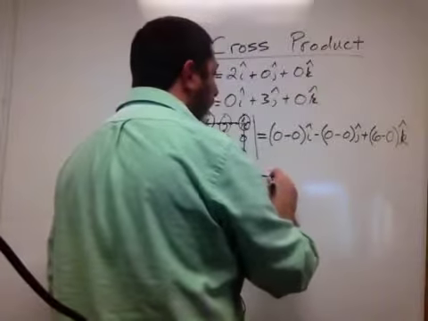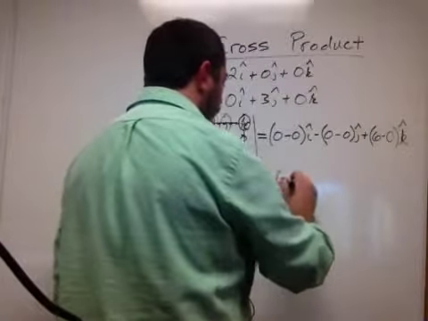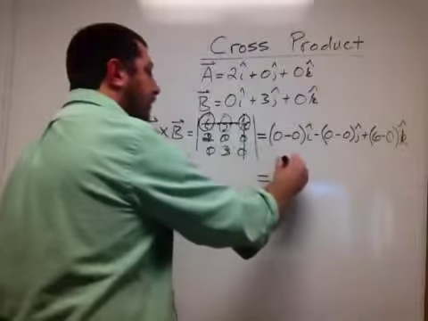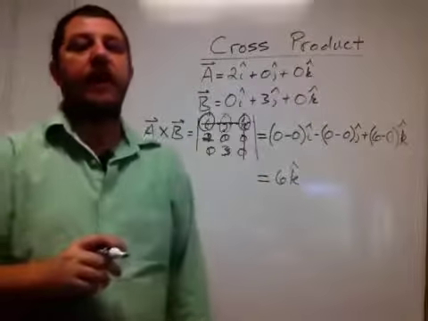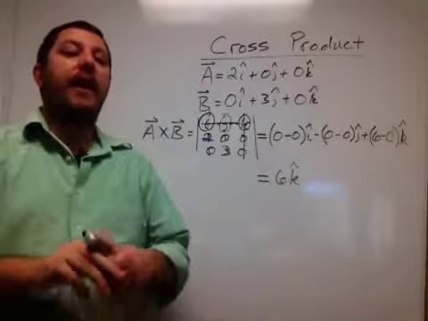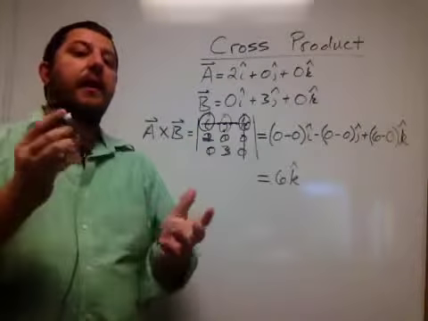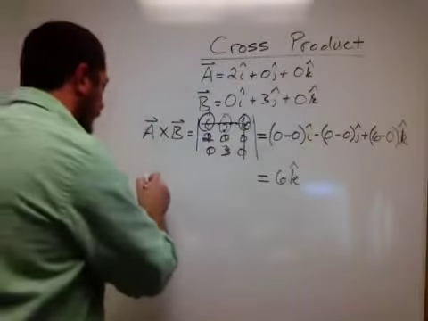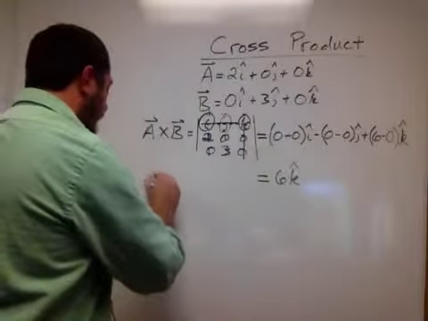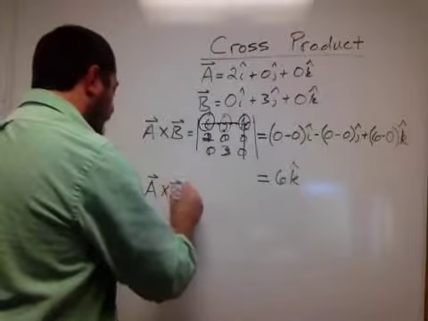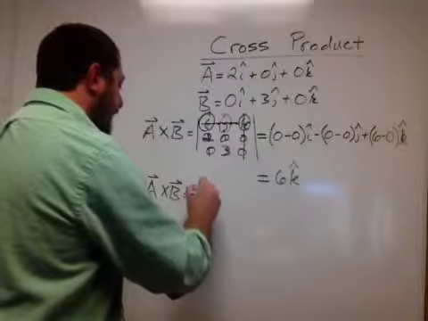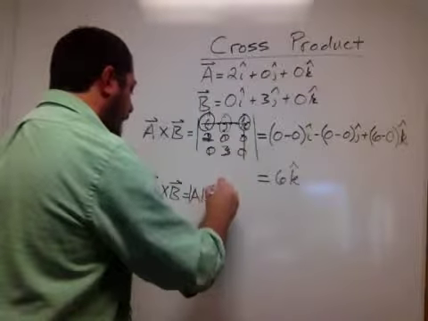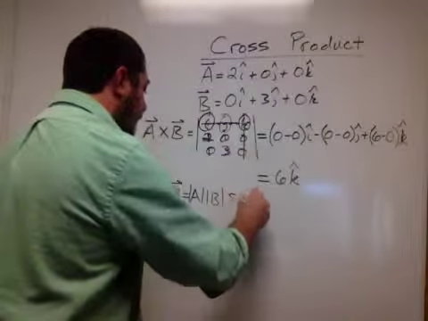So the net cross product has a magnitude of 6 in the k direction, or in the z direction. And if you think about it, this makes sense. Based on what we said earlier, A cross B is equal to the magnitude of A times the magnitude of B times the sine of the angle between them.